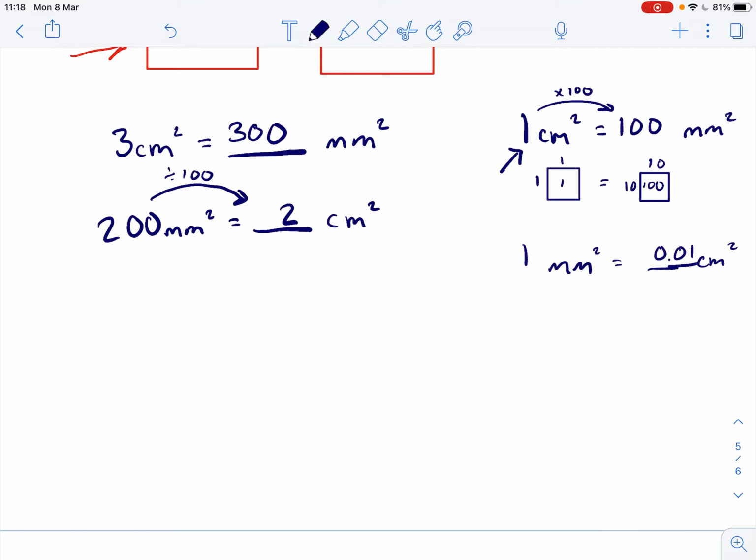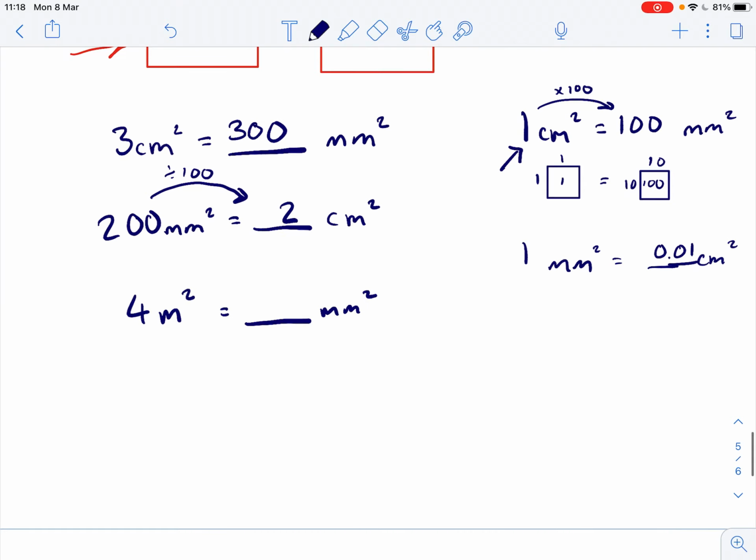My penultimate example is going to be 4 metres squared equals how many millimetres squared? Well, again, I'm going to think about one of my larger units, so 1 metre squared, what's that going to be?